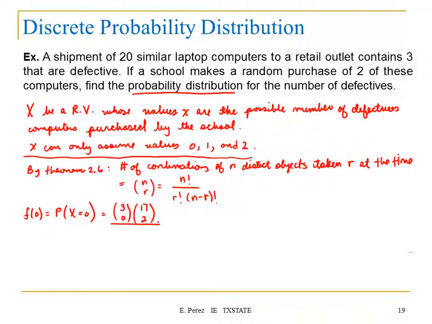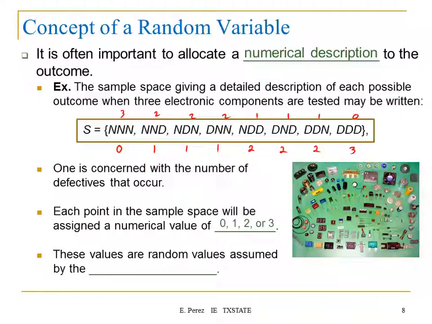And now in order to find the probability, you need to find the total number of outcomes for selecting 2 out of 20. So that is 20 choose 2. That expression defines, and the result from that expression gives you the probability of x being equal to 0.